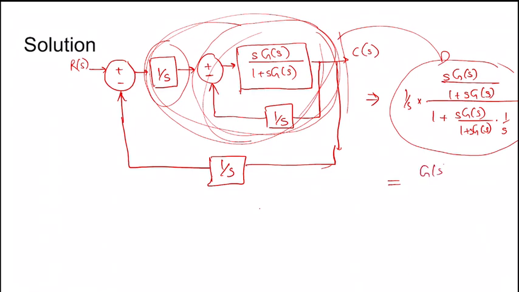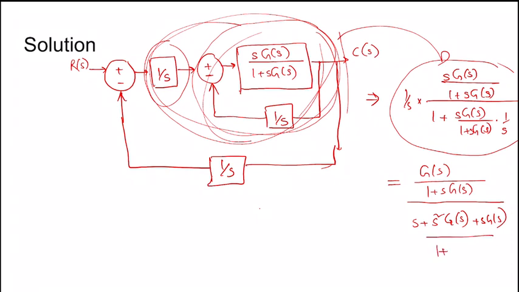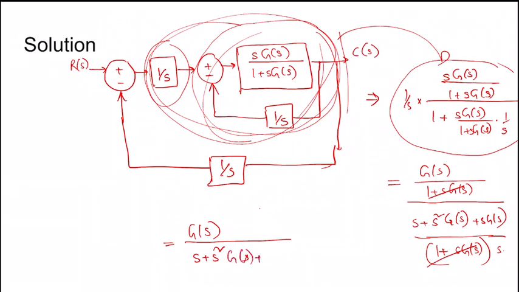It is coming equal to G(s)/(1 + sG(s)) divided by s + s^2 G(s) plus sG(s) divided by 1 + sG(s), into s. So 1 + sG(s) gets cancelled, and we have G(s) divided by s + s^2 G(s) + sG(s) into s.